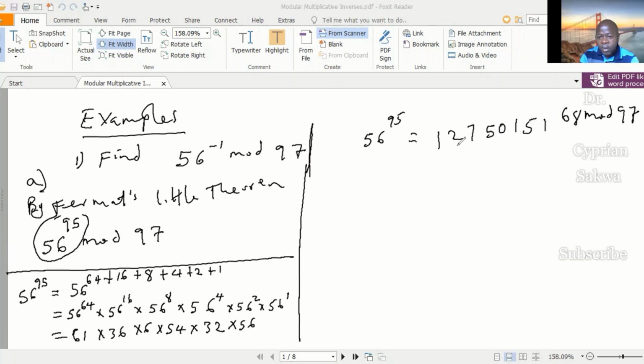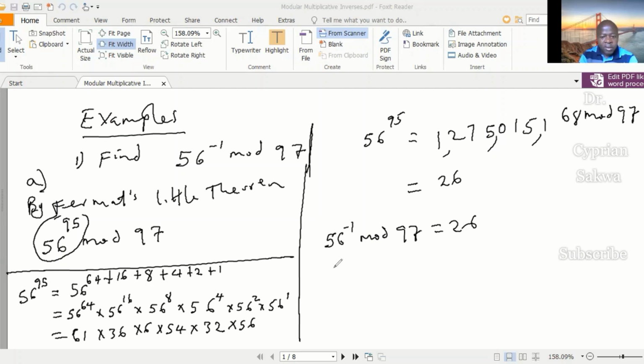And don't worry about how I am writing slanting, there's no problem. But this is just one number. This is what you get. So the question is, if I take this number and divide by 97, what will be the remainder? And I'm finding the remainder to be 26. So what that means is that the inverse of 56 mod 97 is 26, using Fermat's little theorem.